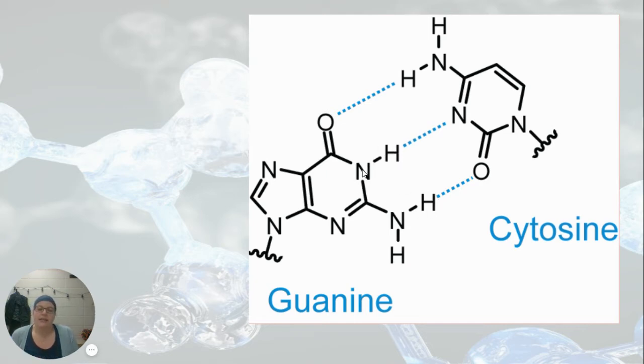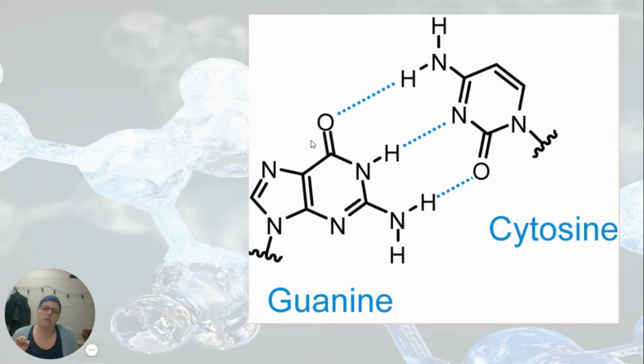I have an N to H here, an N to H, and an N to H. And in cytosine, I have the same kind of thing where I have N to H connections. So these sites here are places where we can have a hydrogen bond potentially form. What happens in the case of these 2 pairs in DNA is that the hydrogen bond in one is attracted to a polar bond on the other molecule.